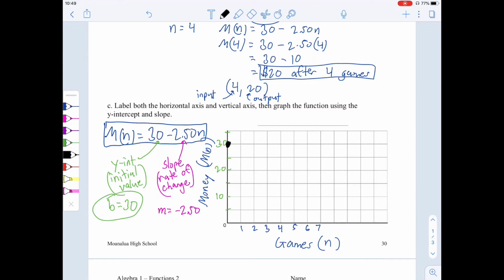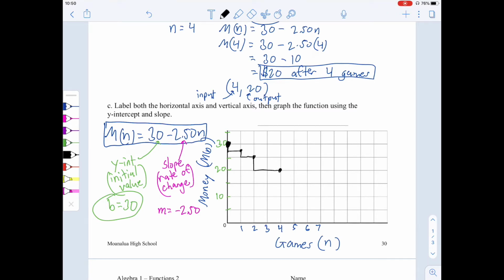So we start at $30 and then we go down $2.50 for every game. If we go down $2.50 for every game, every 2 games we go down $5. So instead of going half and then 1, you can just do $5, 2 games.